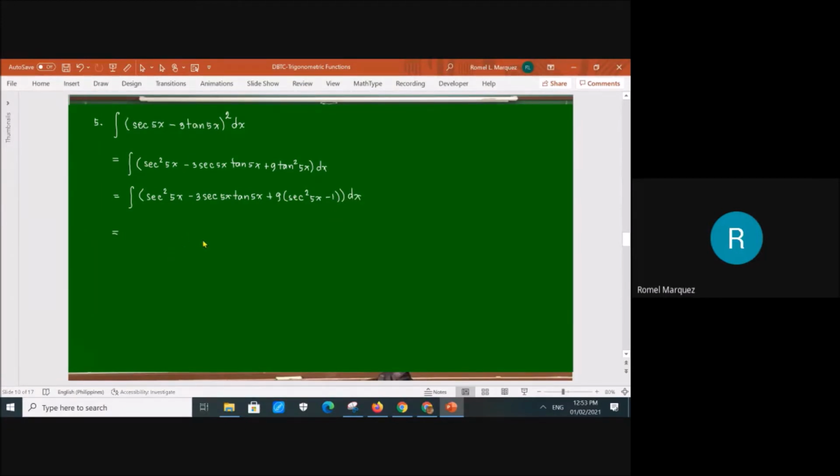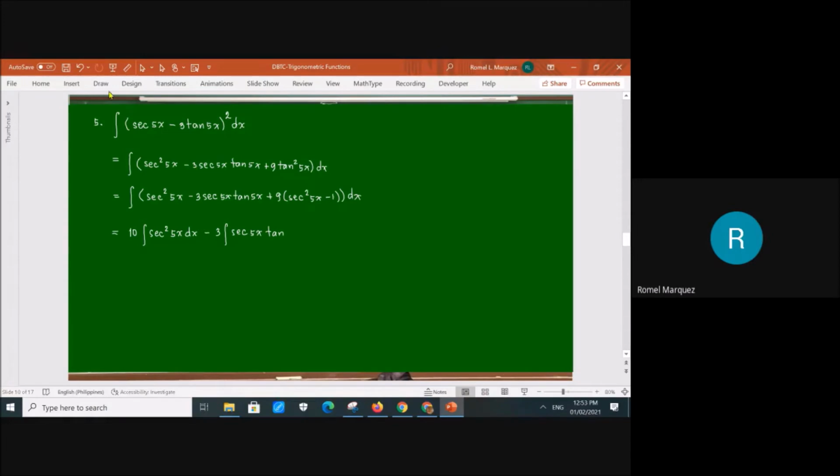Then after that, we apply integration term by term. Of course, you have to combine secant squared 5x first and 9 secant squared, getting 10 integral of secant squared 5x dx, minus 3 integral of secant of 5x tangent of 5x.